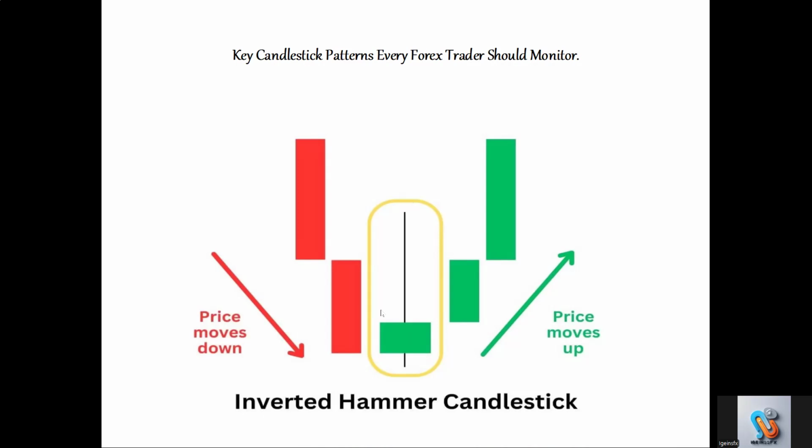No, it has to go above it. Immediately it opens, you see what happened. Fat body. That means buyers entered because they battled with sellers, and at this point they threw the sellers away. So buyers have overpowered the sellers.